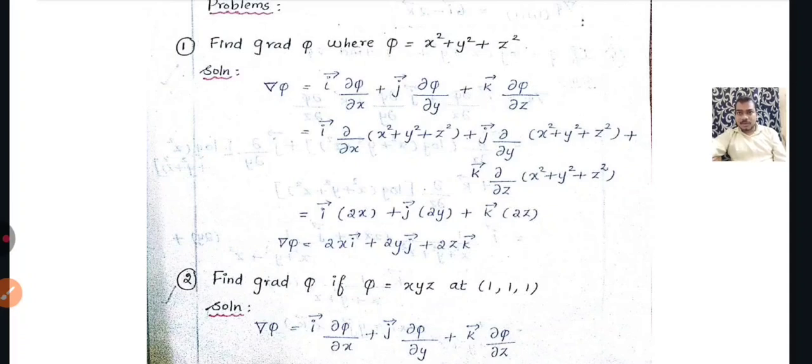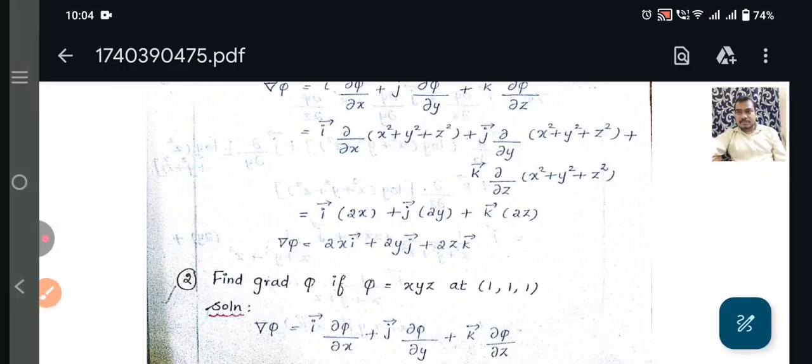Therefore, dou by dou y of y squared is 2y, and in the third term k vector into dou by dou z of z squared is 2z. The remaining constant values are 0. Therefore, del pi equals 2x i vector plus 2y j vector plus 2z k vector.